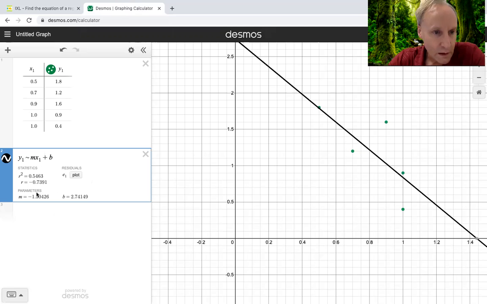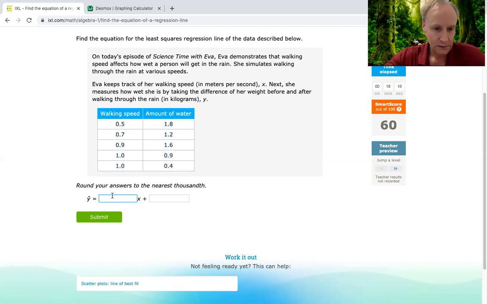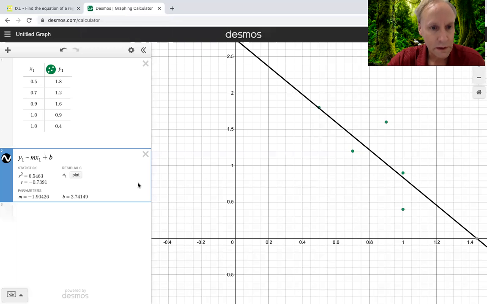So there it is, negative 1.904, and the x value is the 2.74.